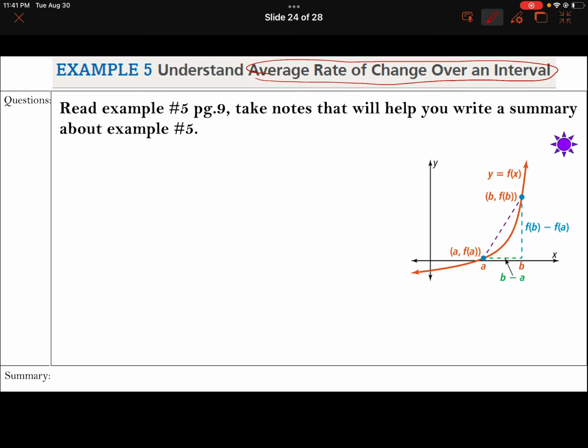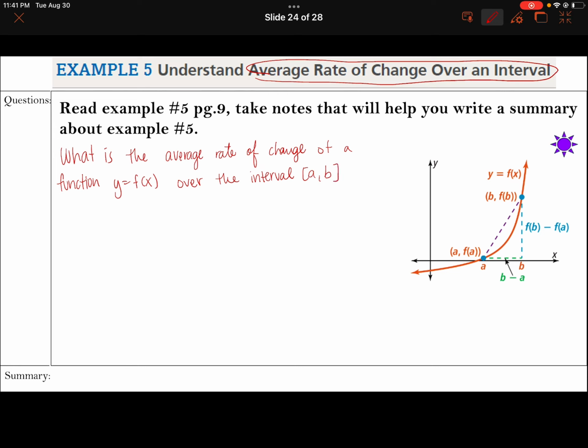So the question is asking, what is the average rate of change of a function y equals f of x over the interval a, b.